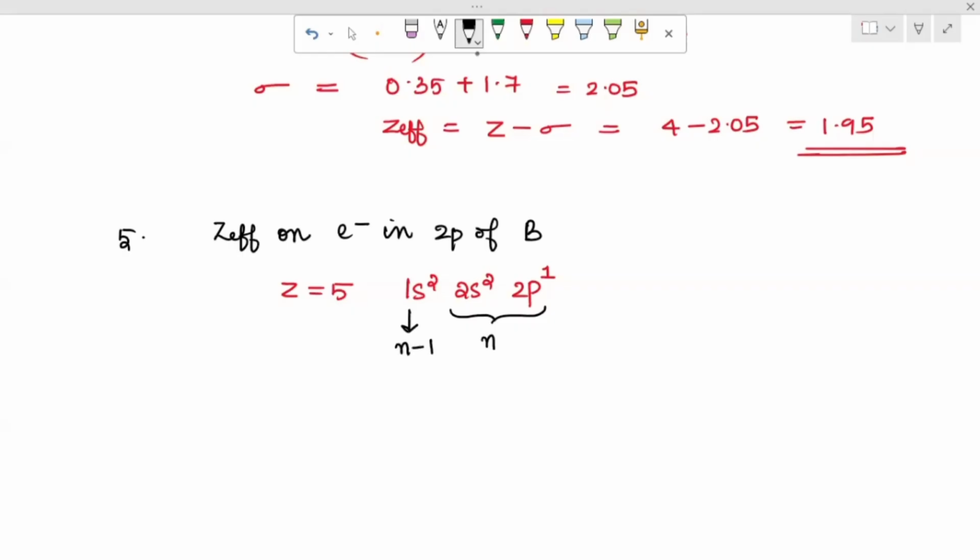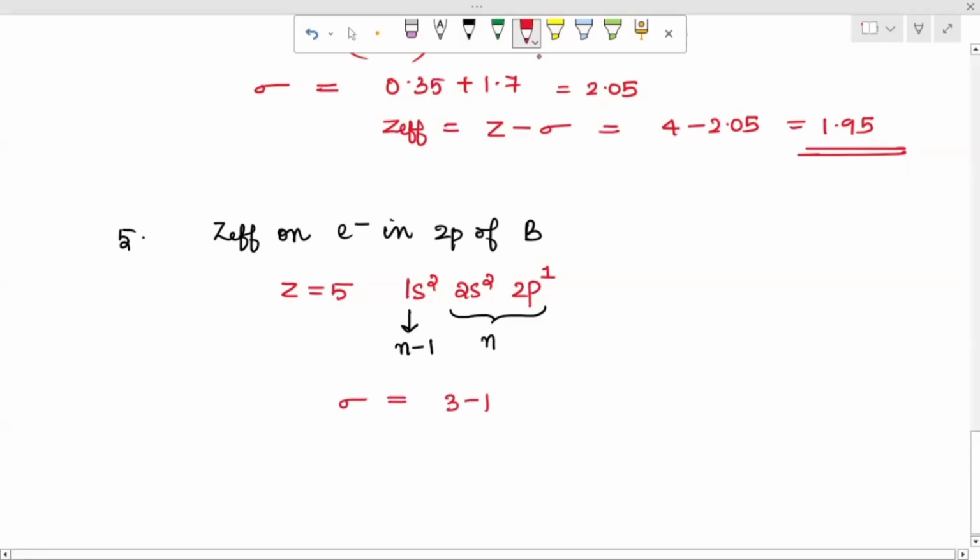Are you getting my point? It's not only 2p. You have to take 2s also because I said shell, not subshell. It is the nth shell. So you have to consider all the subshells within the same number. So 2s and 2p also should be considered. Okay? So how many electrons are there in n? 3.